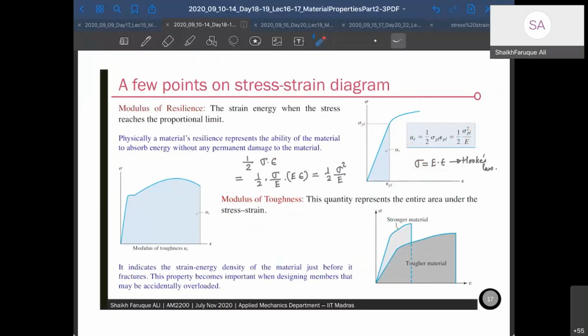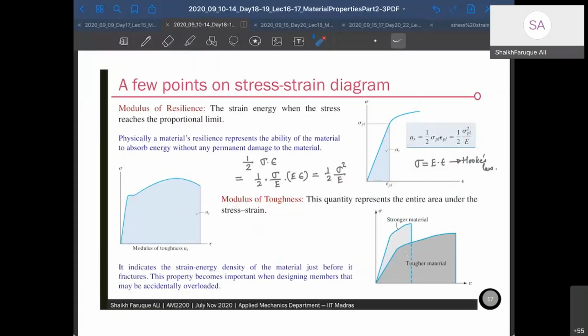Similarly, we can find the modulus of toughness. How tough is the material? This quantity represents the entire area within the stress strain curve up to failure. So till its fracture and failure, the whole area is your modulus of toughness. It's a bit difficult to calculate unless you know the formula of this curve.